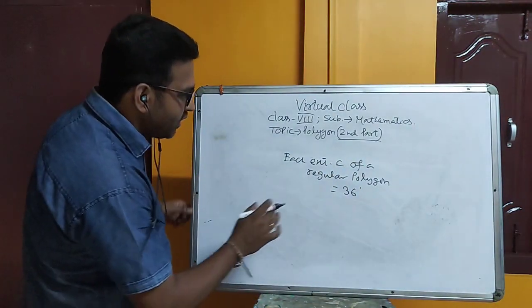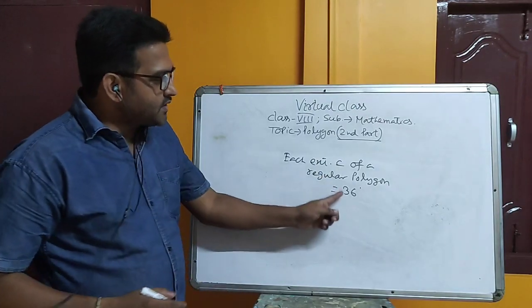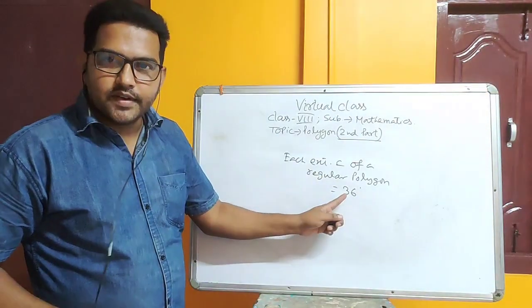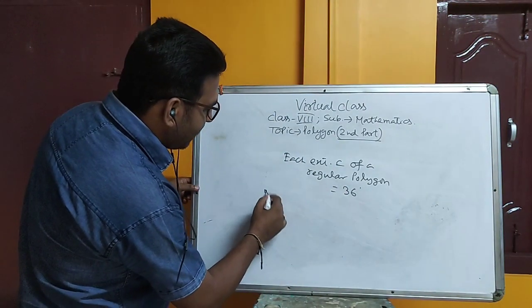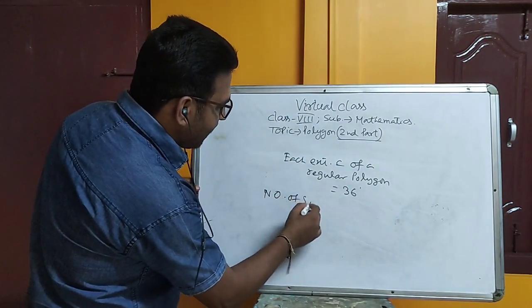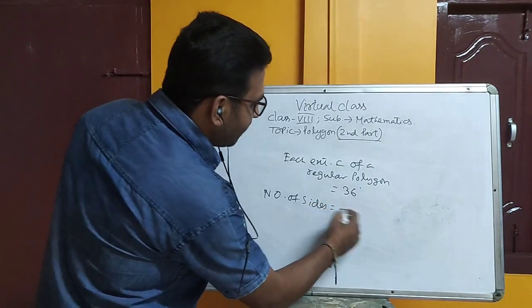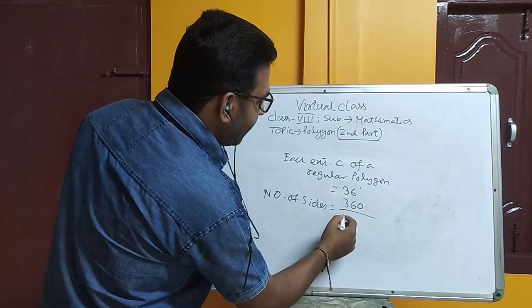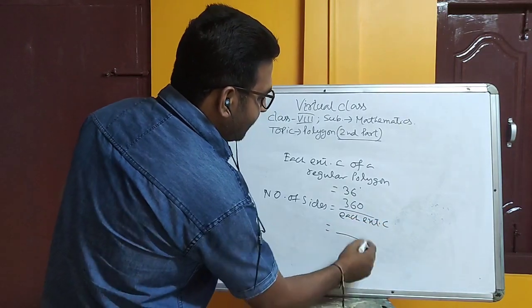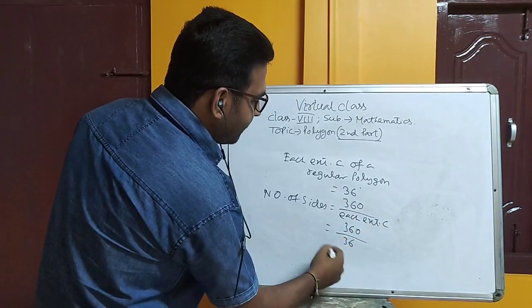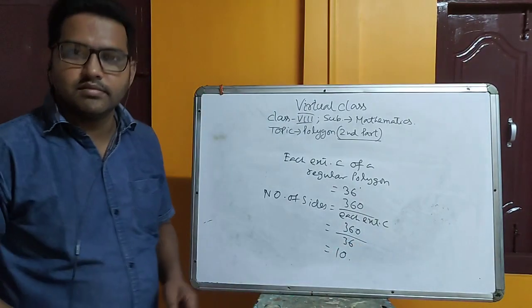So according to the question, each exterior angle is 36 degree, then the number of sides is equal to 360 by each exterior angle. So 360 by 36, that becomes 10.